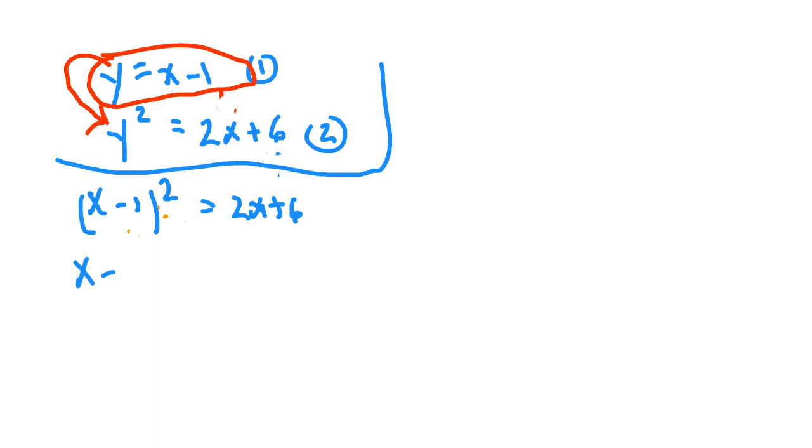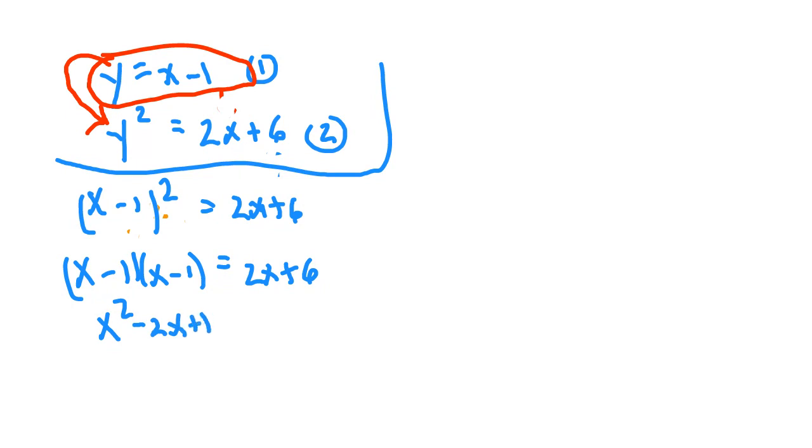So that means x minus 1 times x minus 1 equals 2x plus 6. So x squared minus 2x plus 1 equals 2x plus 6. So then x squared plus 4x minus 5 equals 0.